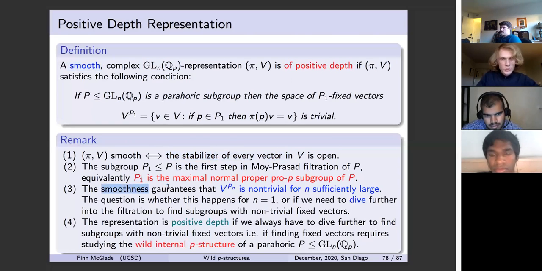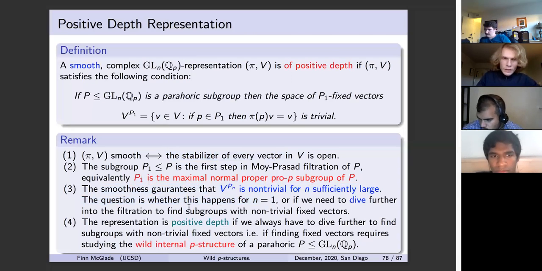What this smoothness guarantees is that if you give me some parahoric P, I can always go far enough into the filtration to get to the point where it will have non-trivial vectors fixed under that filtered piece of the parahoric. So once you know the representation is smooth, you always know that you can find non-trivial fixed vectors. But the question is, how far into the filtration do you have to go?